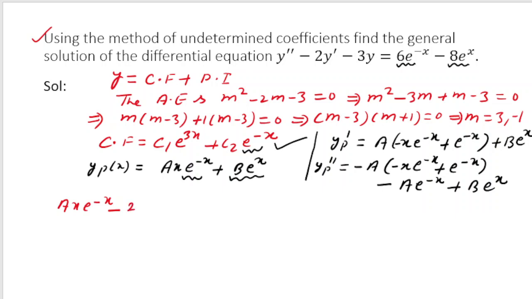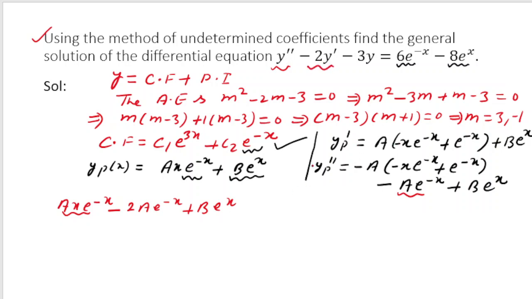So minus 2a e to the power minus x plus b e to the power x. So that is our y double dash. I hope you got it. This minus and minus will make it a x e to the power minus x, and this minus a e to the power minus x, and this will make it 2a e to the power minus x, minus 2y dash.